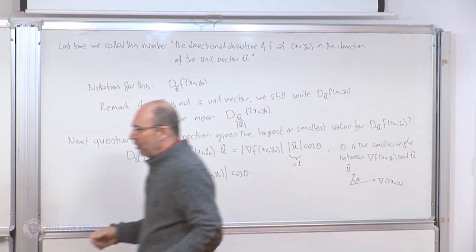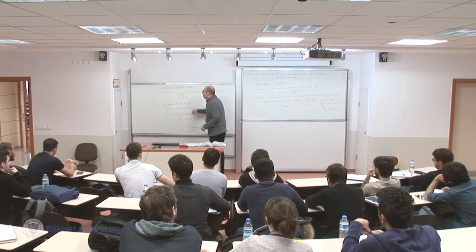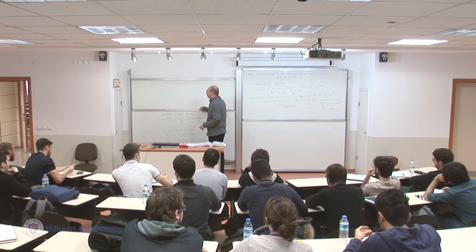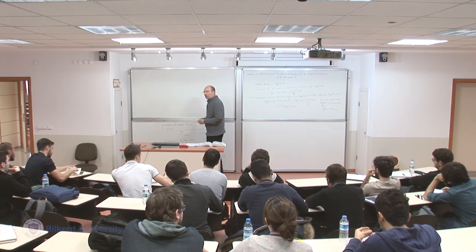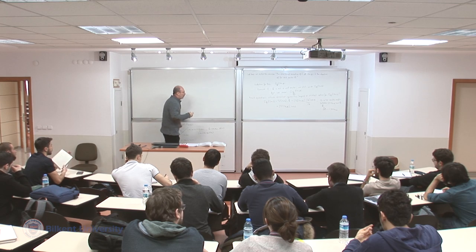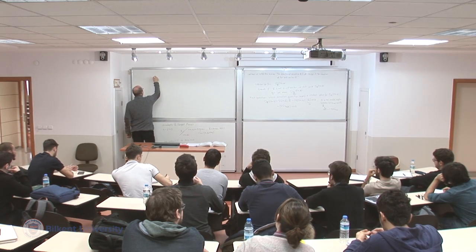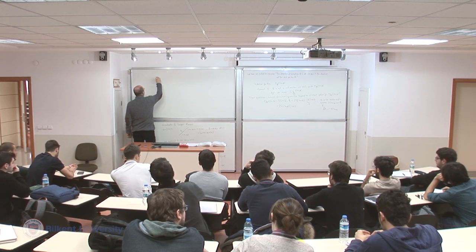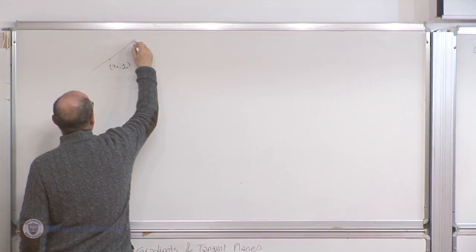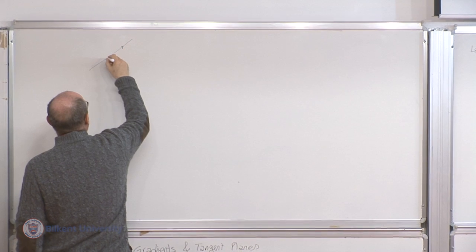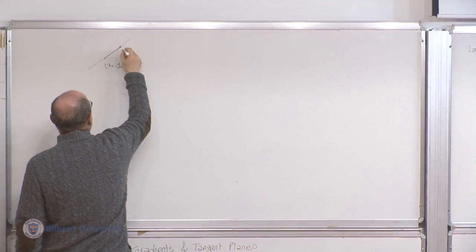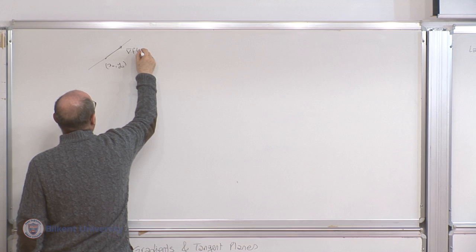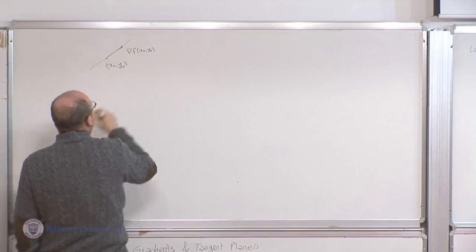Let me write that also, because even though these are trivial observations, they are very useful. At this point, x sub 0, y sub 0, suppose this direction is the direction of the gradient of f at that point.